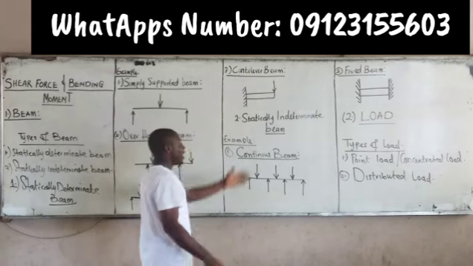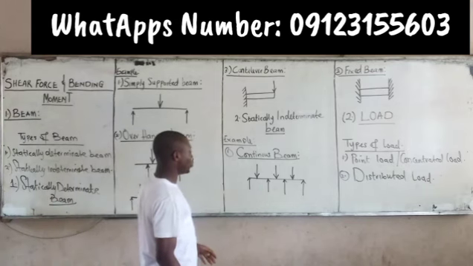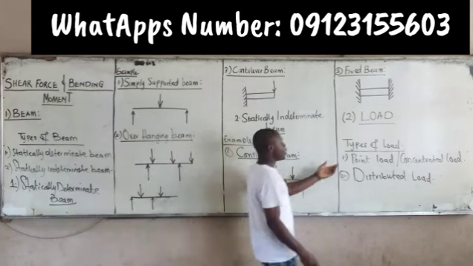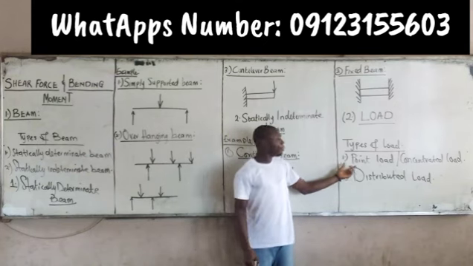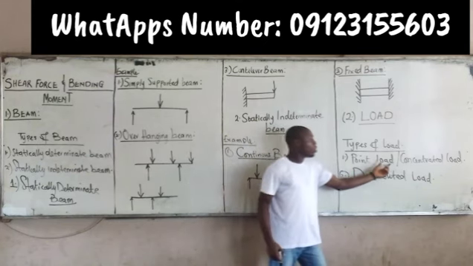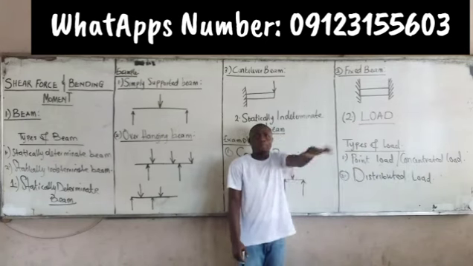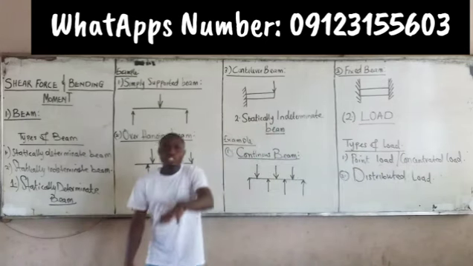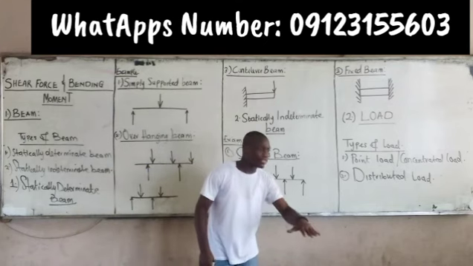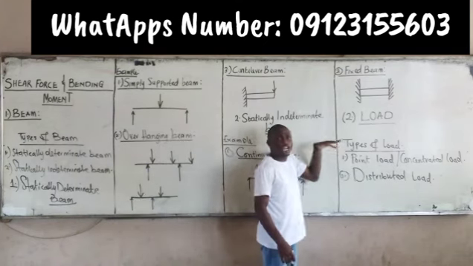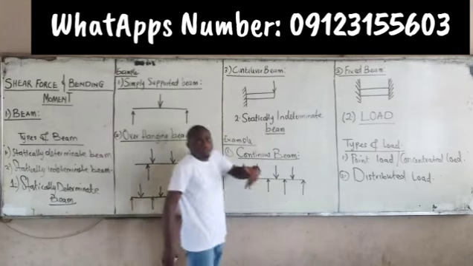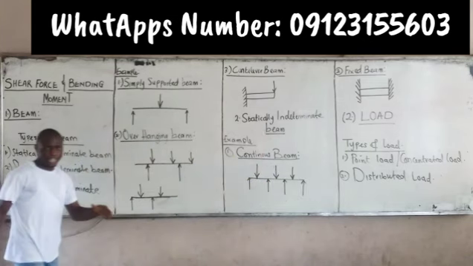Alright, let's go to the first one, called point load. Definition: a point load or concentrated load is a load that acts at a point. That's all. Point load, load at a point. So, a point load is simply a load or force that acts at a point.